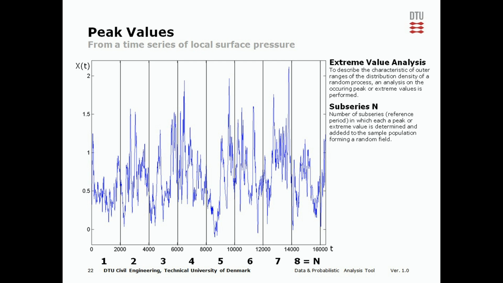One common way of doing it is to subdivide our time history into subseries. We consider each subseries as an individual loading event within which the loading is of course varying, but we can use these series to collect data sets.